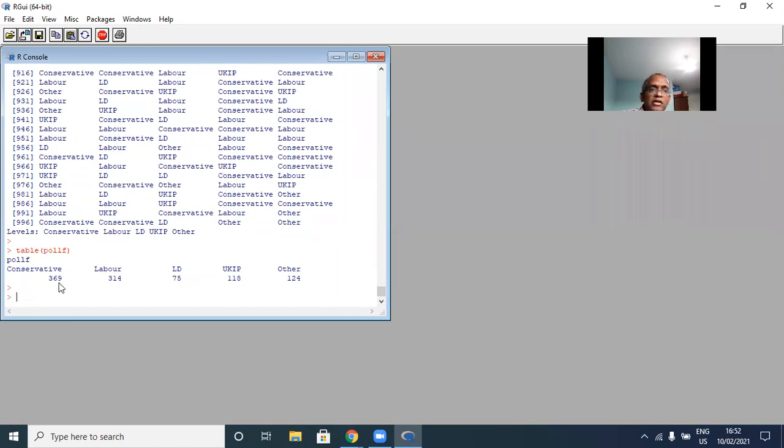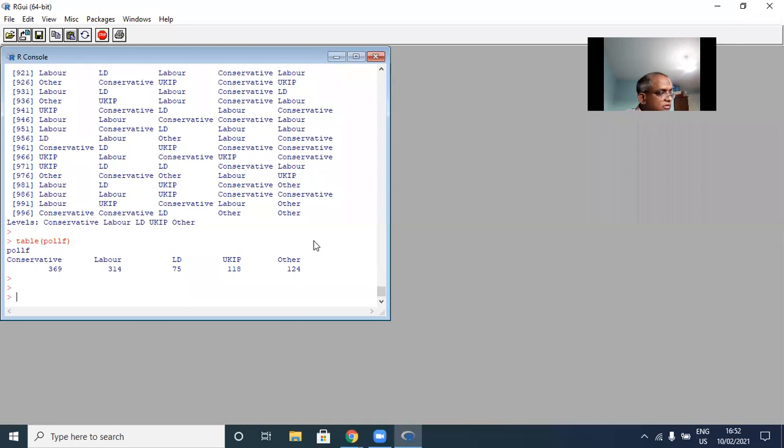So 369 voted for Conservative, 314 for Labour, 75 for Liberal Democrats, 118 for UKIP, and 124 for other parties. All right, so this completes the exercise and also completes the tutorial sheet.